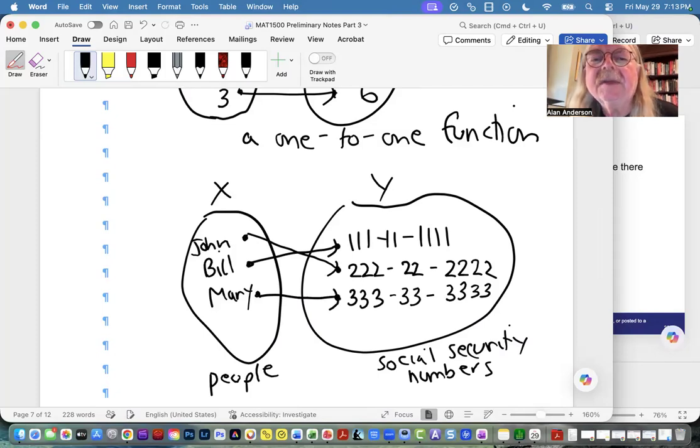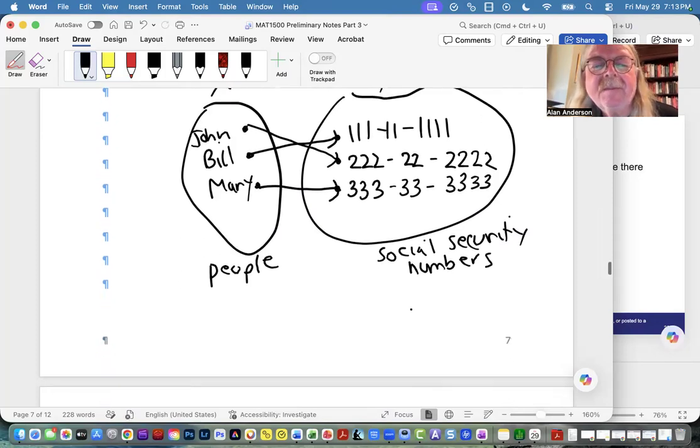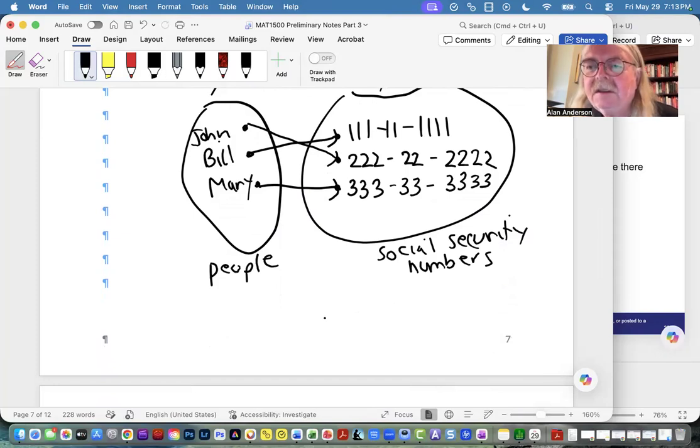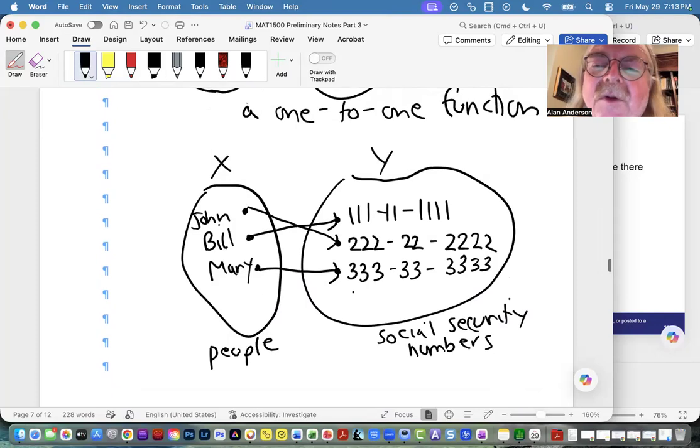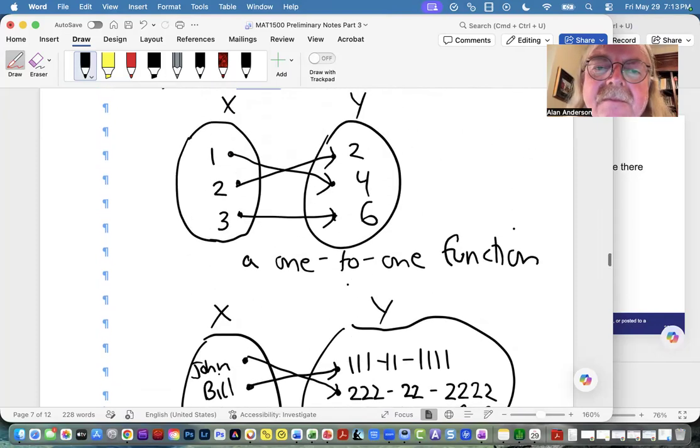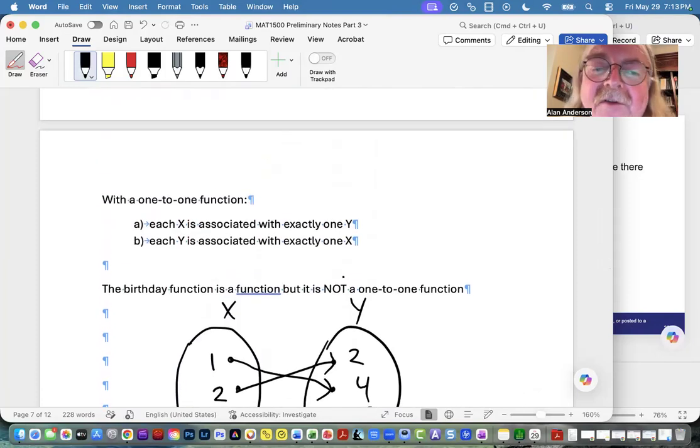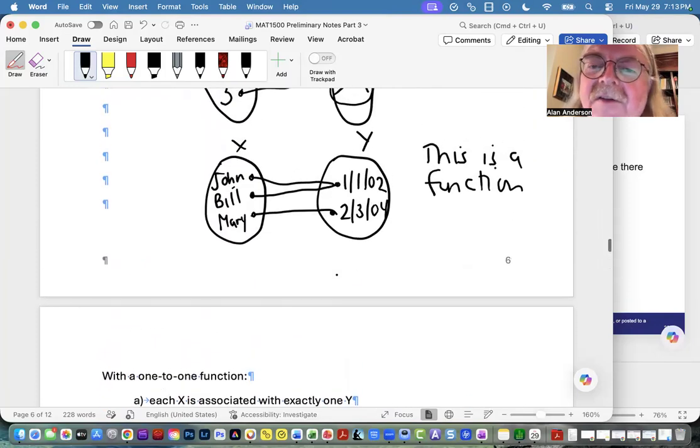And so this time it is a one-to-one function. Their birthdays are not. Multiple people can have the same birthday, but nobody had better have the same social security number. Otherwise, there's going to be a problem. So this is a real world example of a one-to-one function. It's a little bit more restrictive, of course. In other words, not every function is one-to-one.